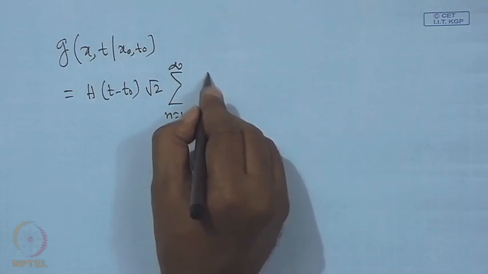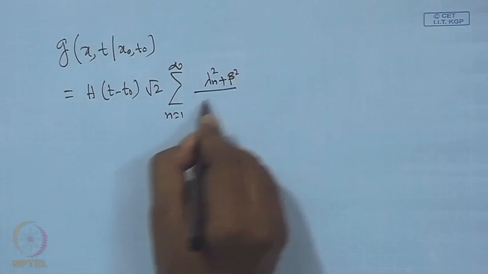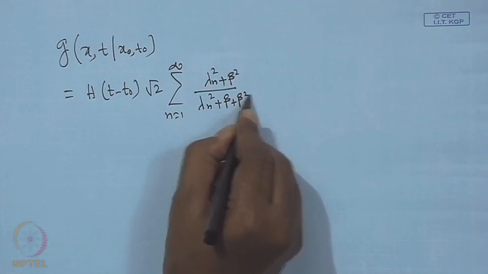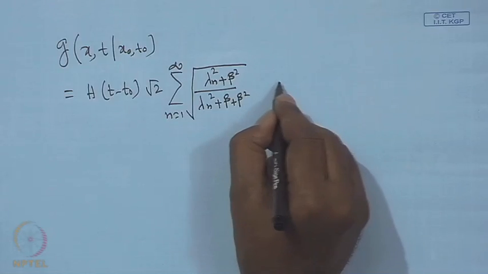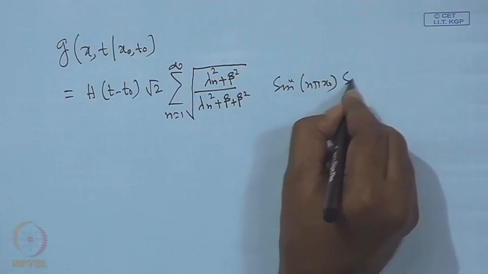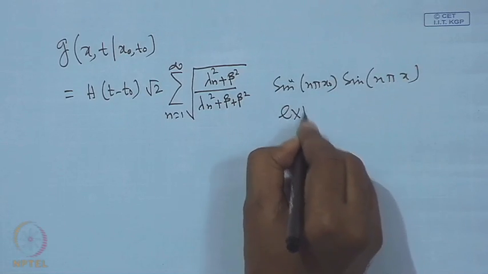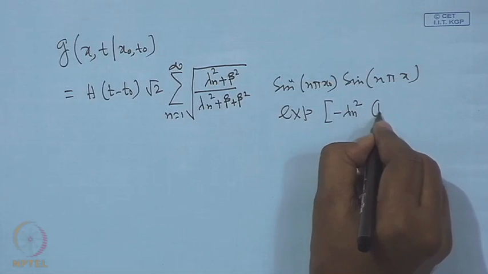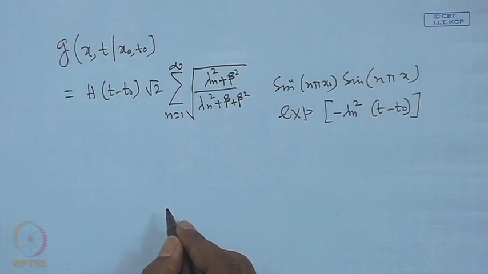Then this becomes lambda n square plus beta square divided by lambda n square plus beta plus beta square root, and then sin n pi x naught sin n pi x, exponential minus lambda n square t minus t naught. So, that is the expression of Green's function.